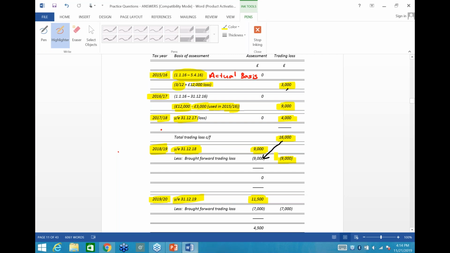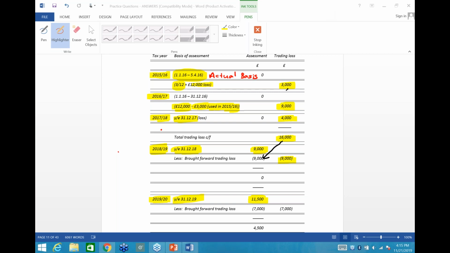Here you can't decide how much you're going to use. The maximum possible amount must be set off against the first available trading profit. It's an automatic relief. You can't ignore it. It's a must when you go for the carry forward relief. If there is a trading profit, the maximum possible amount you must set off. Then you still have a balance of 7,000 out of 16,000.